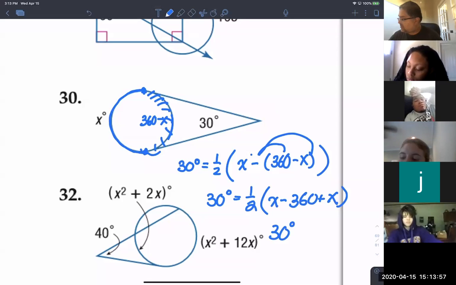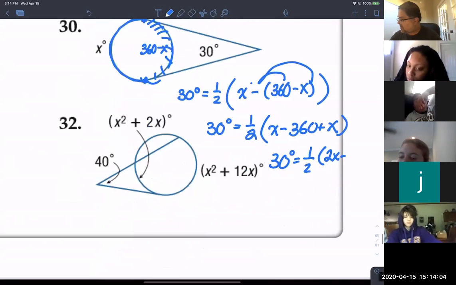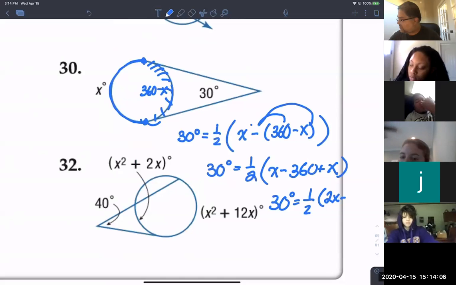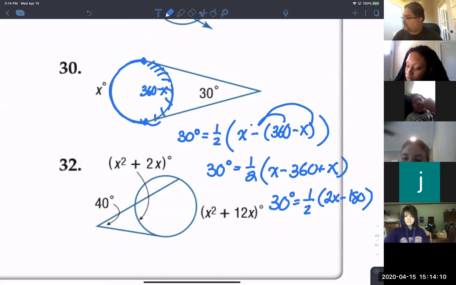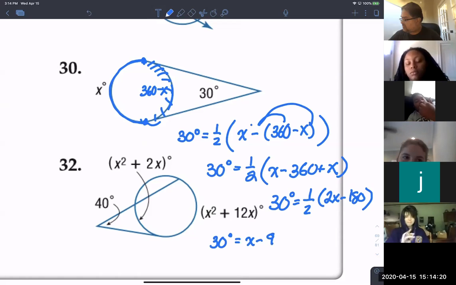Combine your like terms within the parentheses. Okay. Distribute your 1/2. Then solve for x by adding 90 to both sides.